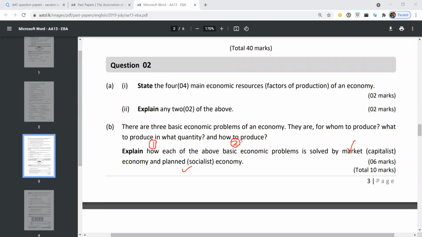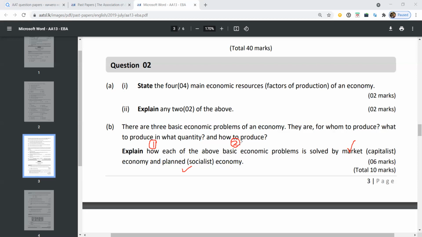But the planned economy concentrates on the social requirement of the society. If the technology is really essential for the society, let's say the country may have huge unemployment, then of course they concentrate on labor intensive production, because the government gives priority to the requirements of the society.